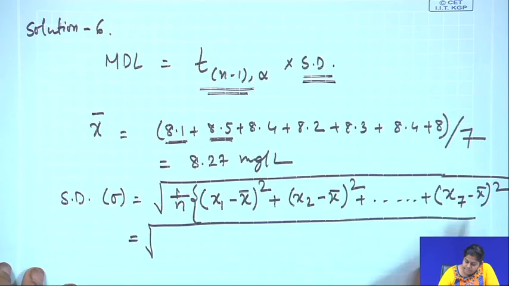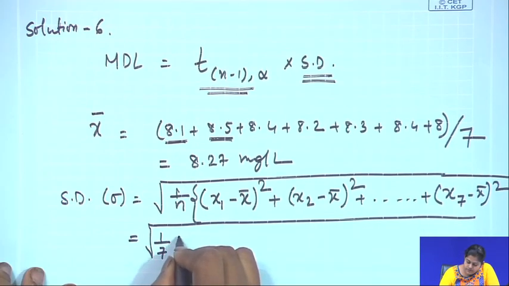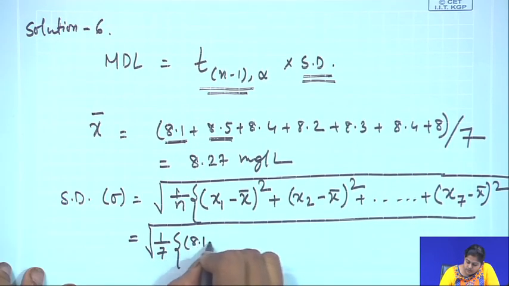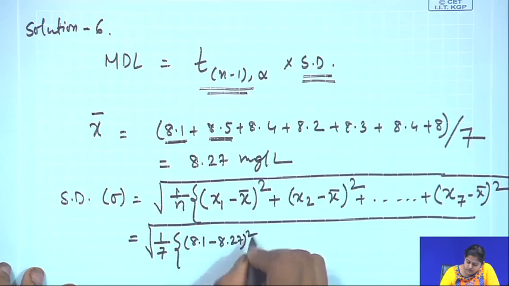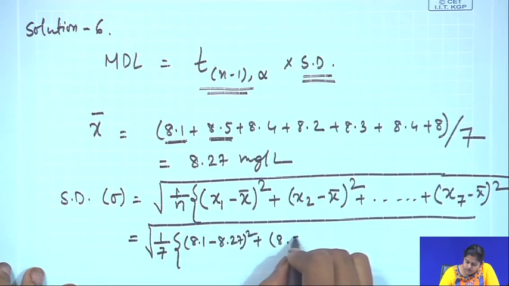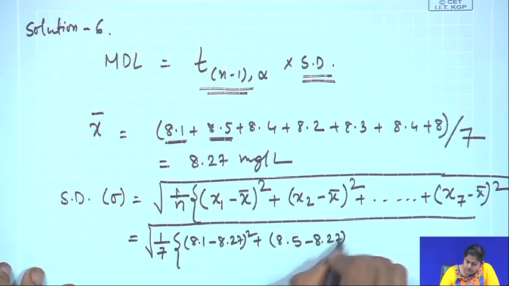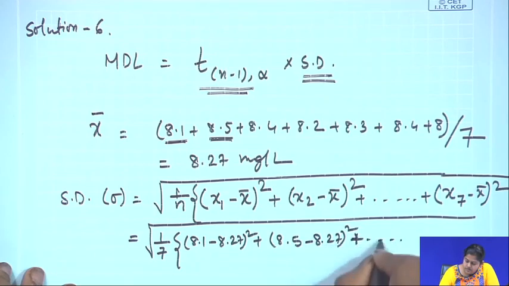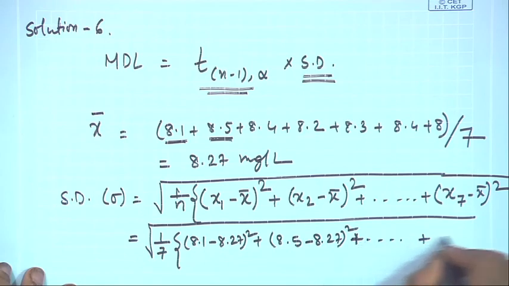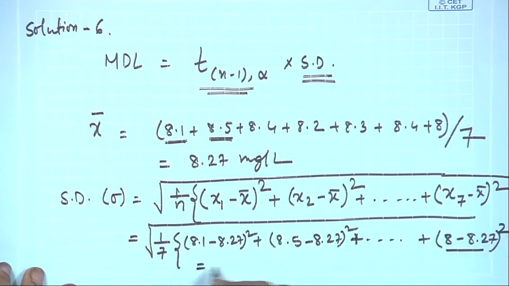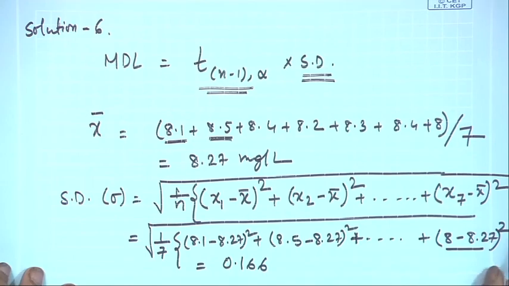So, simply 1 divided by 7, times 8.1 minus 8.27 square plus 8.5 minus 8.27 square plus so on. You need to calculate for all the 7 values. I am only writing 3 values here, up to 8 minus 8.27, this is my 7th value, square. If you calculate this, the standard deviation will come as 0.166.